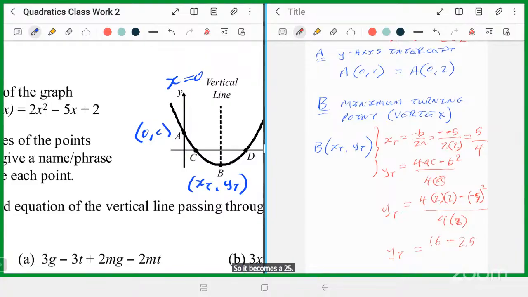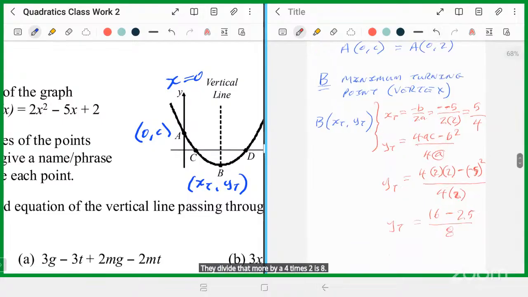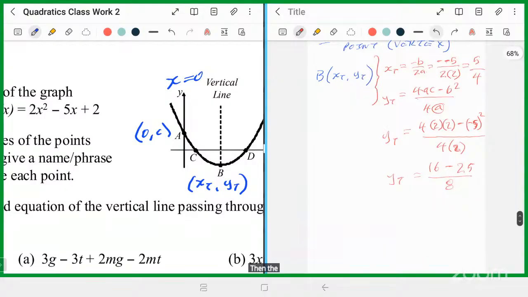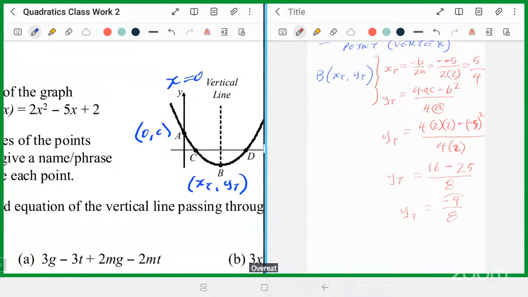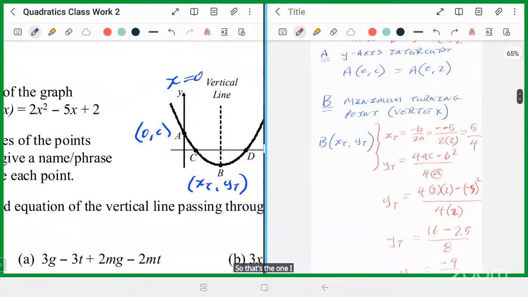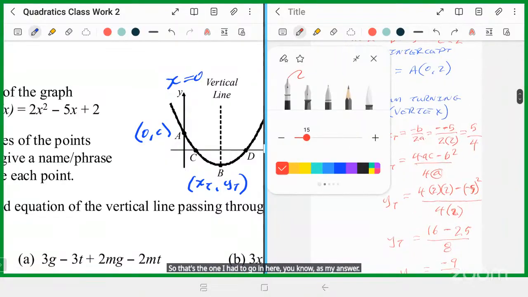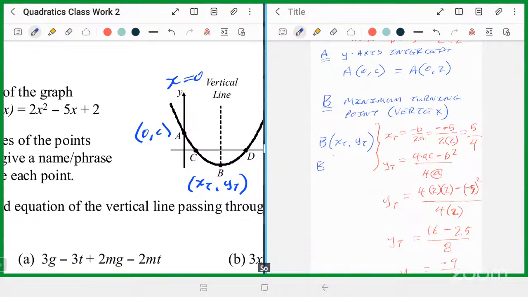Any real number you square comes out positive. Then divide that more by 4 times 2 is 8. Then the 16 minus 25 becomes a negative 9. So the y value at the turning point is negative 9 over 8. So this is the value now coming here for the coordinates of the turning point. So I'm going to write it down here now as my answer for B. So B becomes a point 5 over 4, negative 9 over 8.